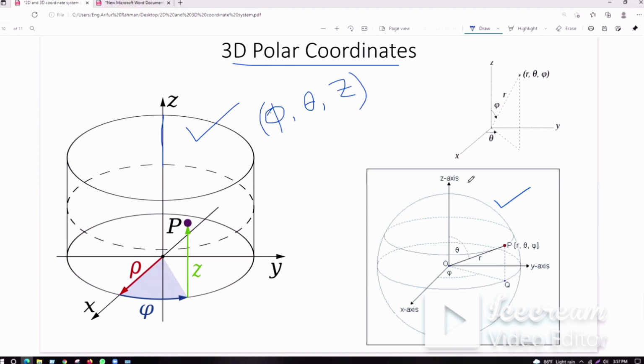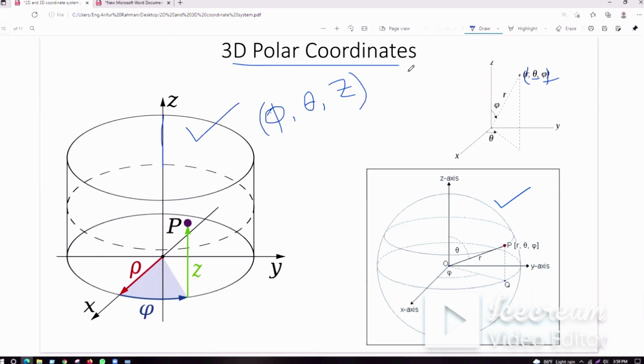And in the spherical polar coordinate system, we also mention three things: r, theta, and phi. r is the radius of the sphere, that means the distance of that point from the origin. Theta is the argument as before, and phi is the new angle here, one extra angle.